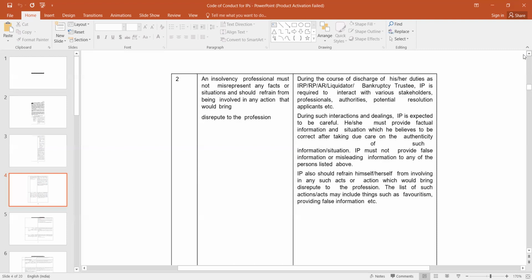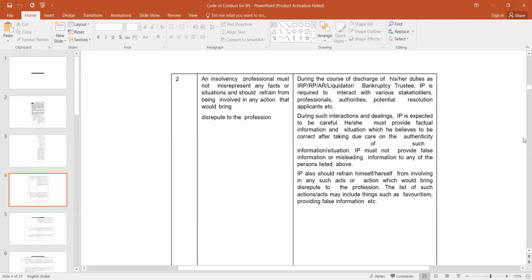So if you are engaging in some private communication with a potential resolution applicant and you are passing on some information to him so that we may quote higher value, you are misrepresenting facts, like the one stated by Tavinder Pal Singh ji, that stock was presented in such a manner that higher value may be ascribed to such stock, hiding the factual circumstances. So these could be some of the situations which could be covered here.